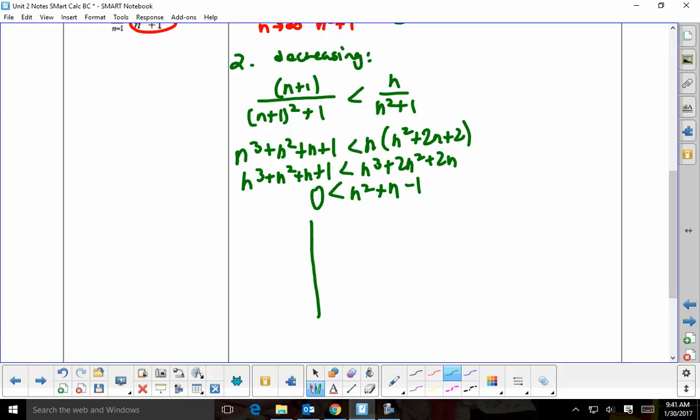Okay, so I have shown it's decreasing for n greater than or equal to 1.